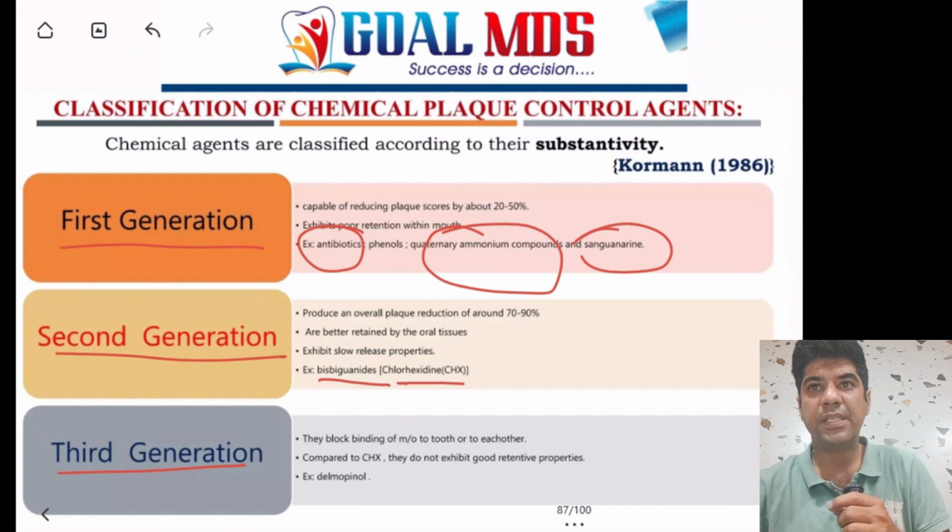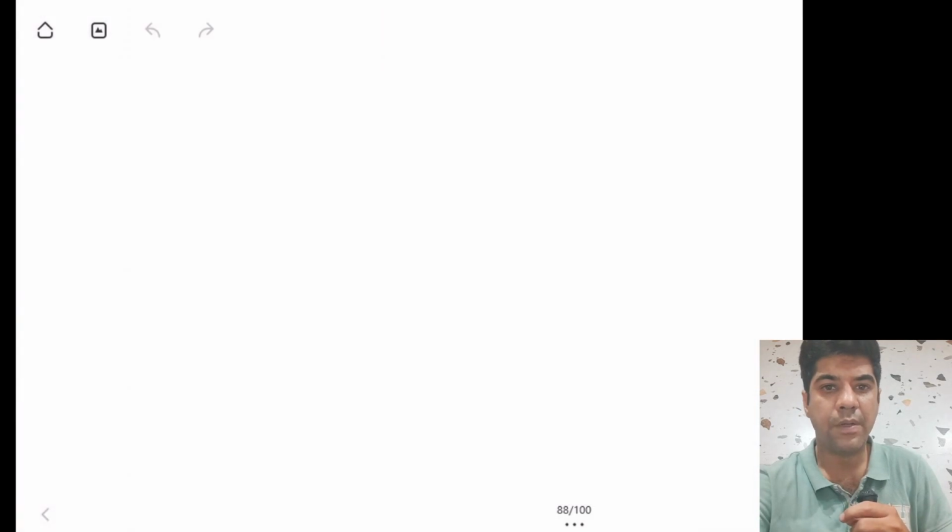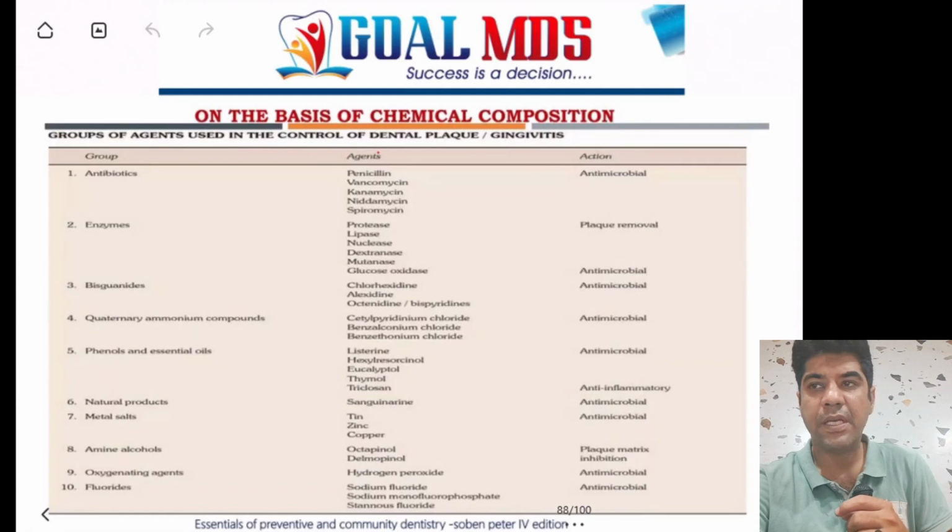The second generation example is the bisguanides, that is chlorhexidine. And the third generation example is delmopinol.